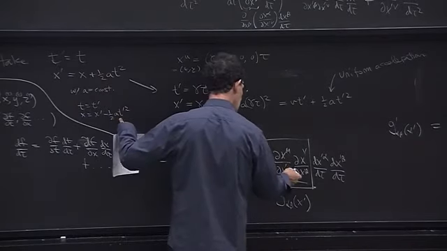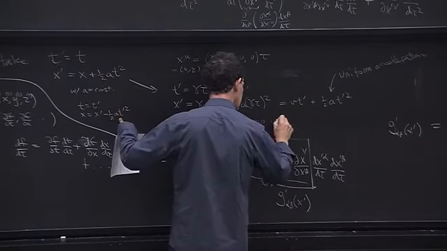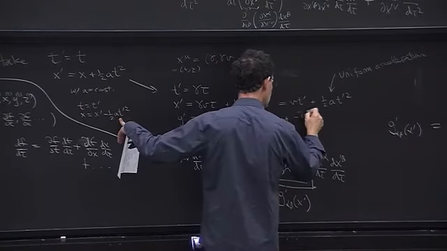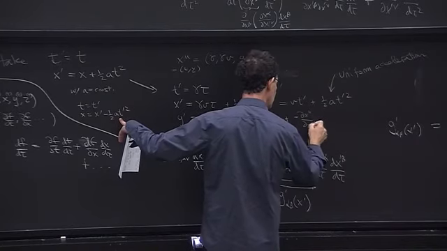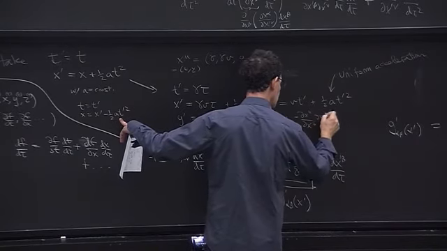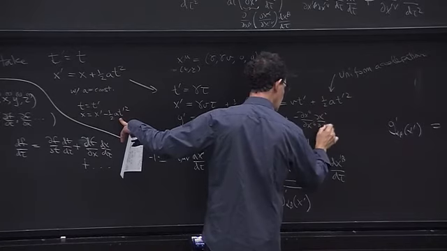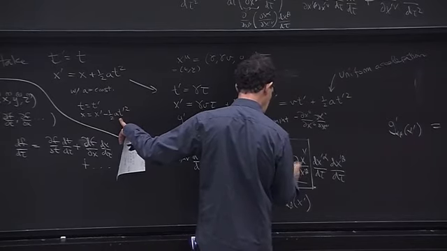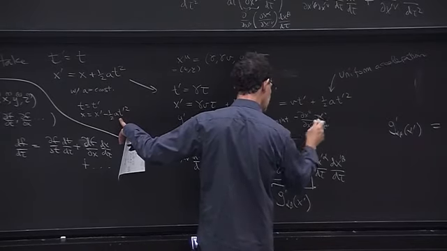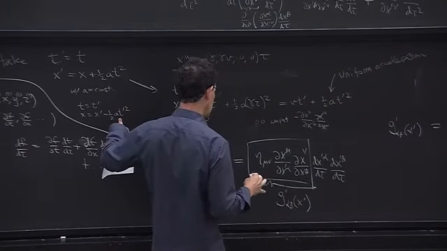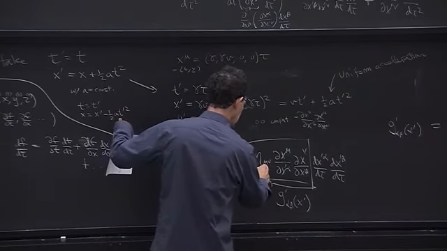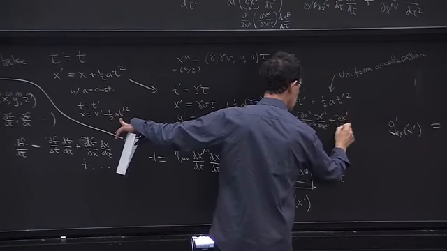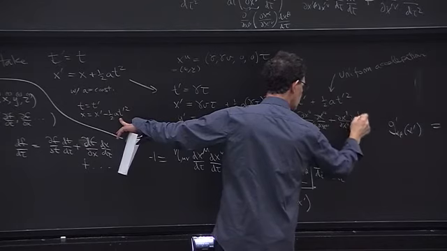So let me write this down. The 0, 0 component is minus dx0 dx0 prime dx0 dx0 prime, and then I get the same thing, but where these two indices can be 0, or they can be 1, plus dx1 dx0 prime dx1 dx0 prime.